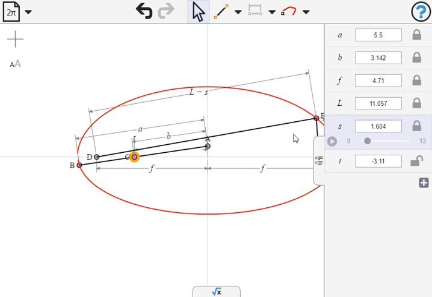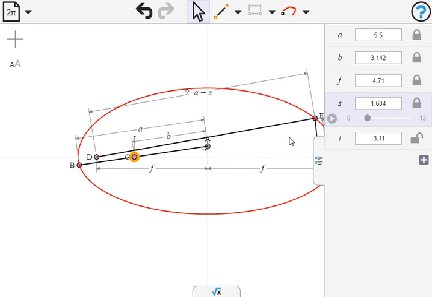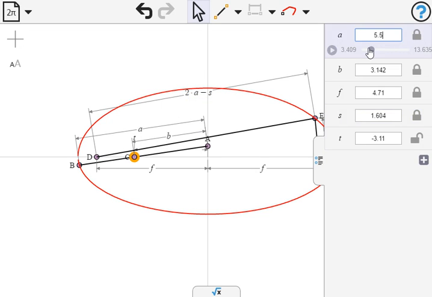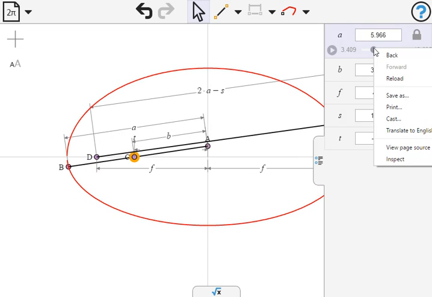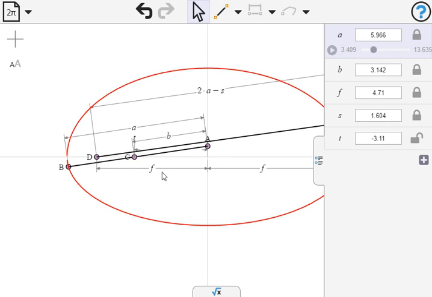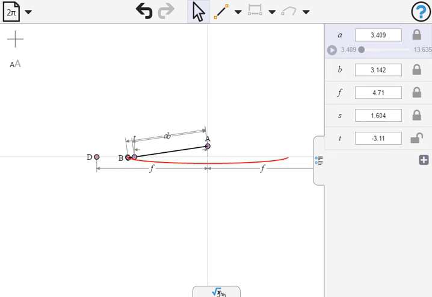So that little bit of geometric reasoning can convince us that instead of L in here, we should have 2A. And so now I see if I vary A, that both curves vary appropriately. Now they're not the same curve. We need to work out where F should be, and that's what I'm going to do next.